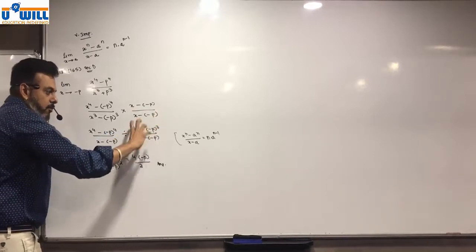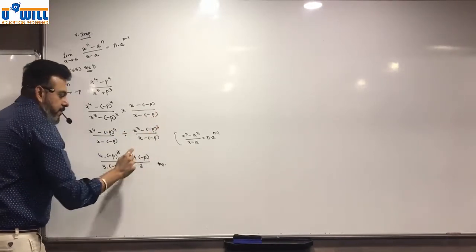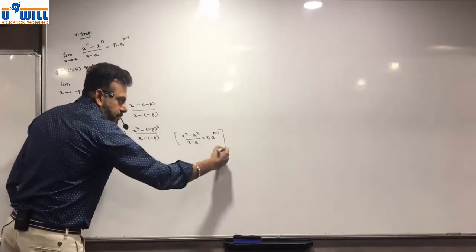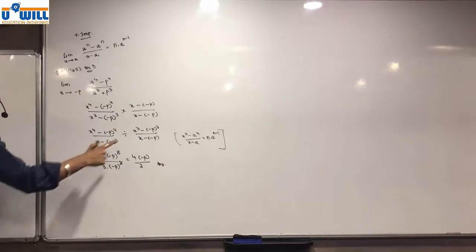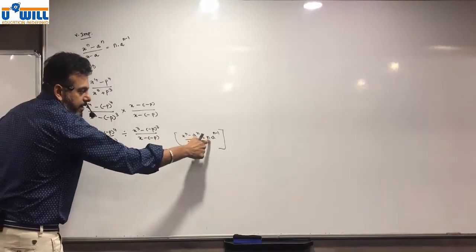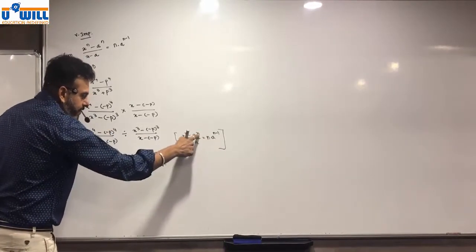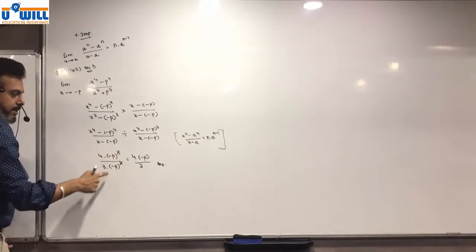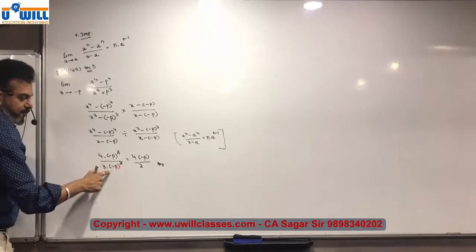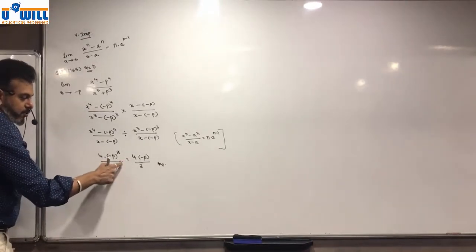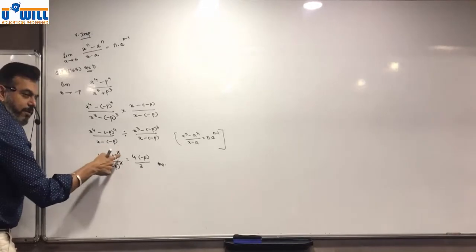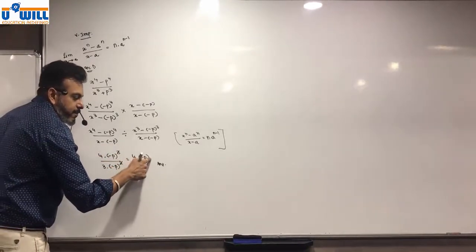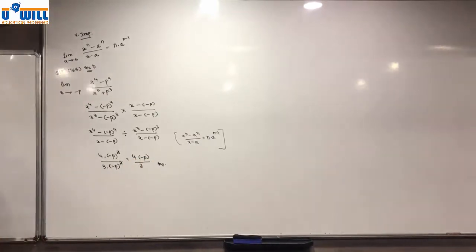But I want it in this format. So once we get this equation, it is comparable with this. Now, what is the solution? N into a raised to n minus 1. So what is n? 4 into minus p raised to 3 and 3 into minus p raised to 2. How did it come? 3 minus 1 is 2. How did 3 come? 4 minus 1 is 3. We cancel this. So 4 by 3 minus p is the answer.